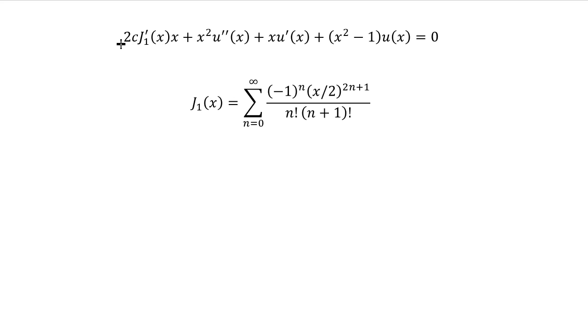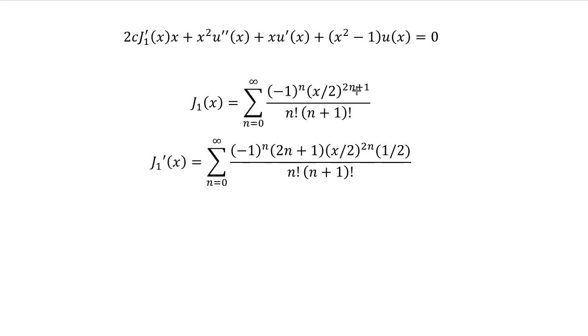First, what is this 2c J1'(x) times x? J1, as I indicated earlier and found in part 1, is this function. And if you differentiate using just the power rule, 2n plus 1 comes down, and you subtract 1, and then because of the chain rule, the derivative of x over 2 becomes 1 over 2.